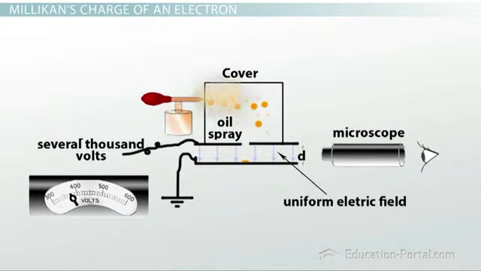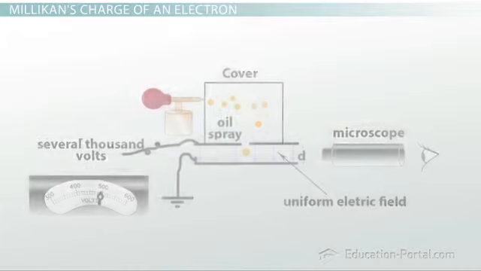He was able to prevent the oil mist from falling by balancing out the downward gravitational force with electrical force equal to the charge on the oil drop, which caused the oil drop to repel upward. When these two opposing forces balanced out, he could calculate the charge of an oil drop and use a graph to determine how many charged particles were on each drop, and then calculate the charge of each individual particle.